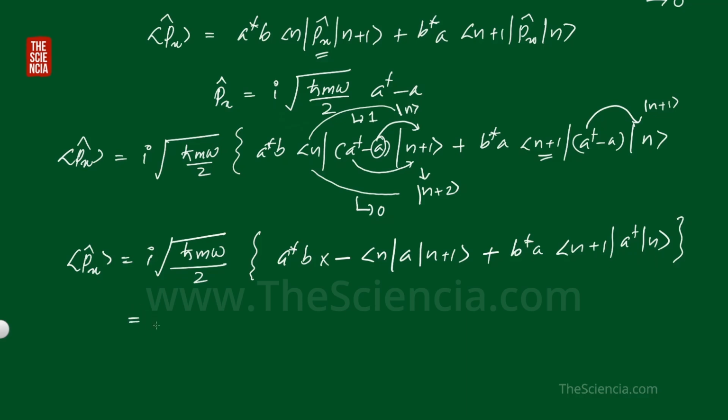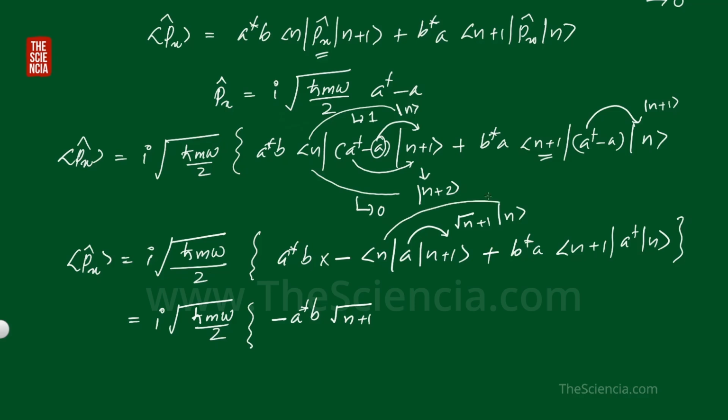That is, we got i root of h cross m omega by 2 into minus A star B, and when this annihilation operator operates on this one, we will get a value root n plus 1 ket n, right? So this is root n plus 1, and this ket n and bra n will give value 1. Okay, so this is the value, plus B star A, and when this A dagger operates on this one, you will get a value root n plus 1 ket n plus 1. Okay, that is root n plus 1.